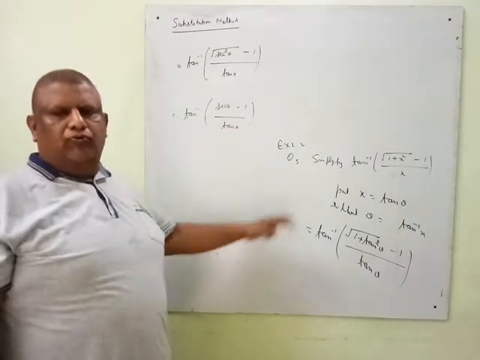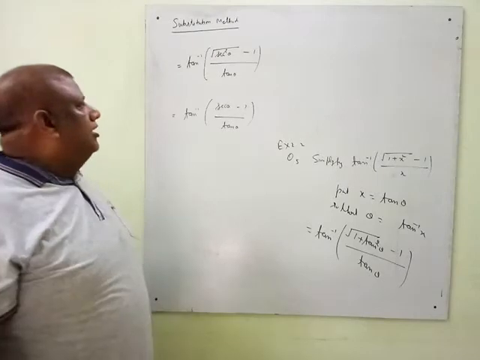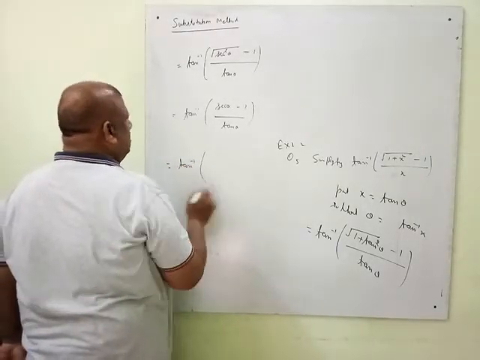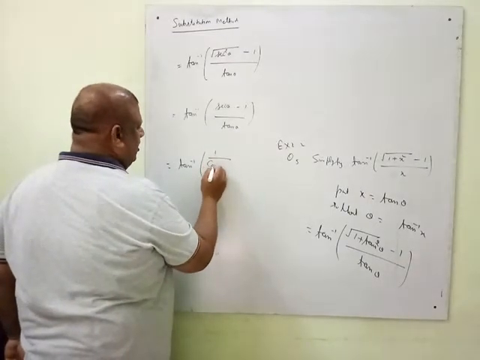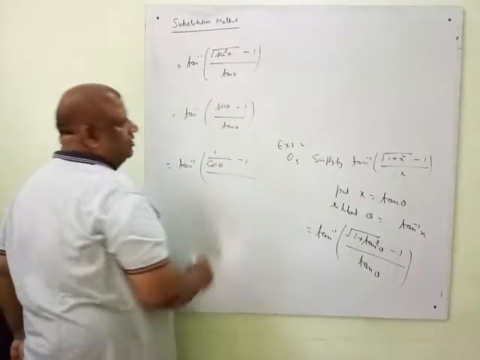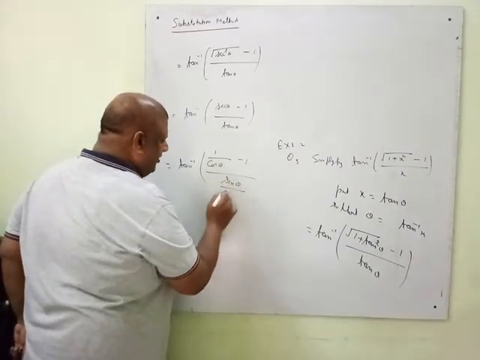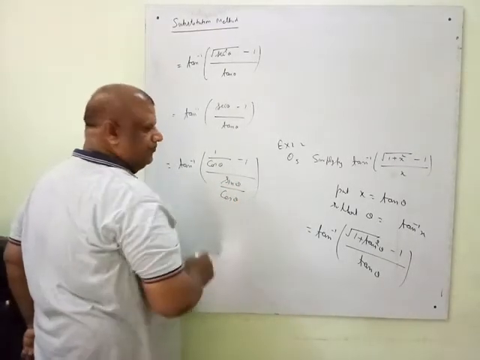So we have removed the under root sign from here. Then further, we will break it in terms of sin and cos. Secant theta is 1 upon cos theta, minus 1, upon tan theta, which is sin theta upon cos theta.